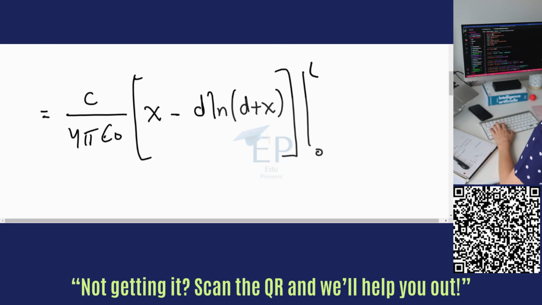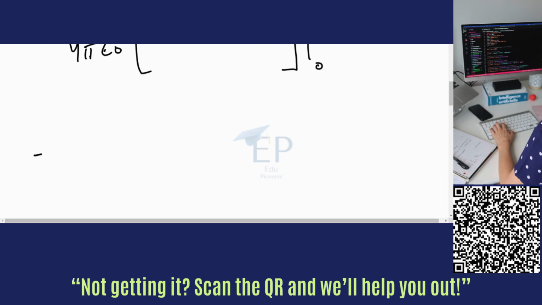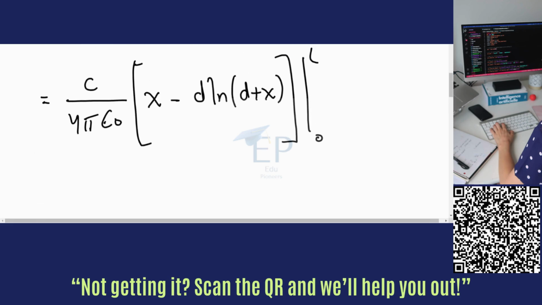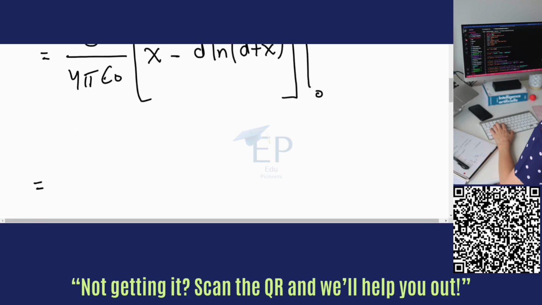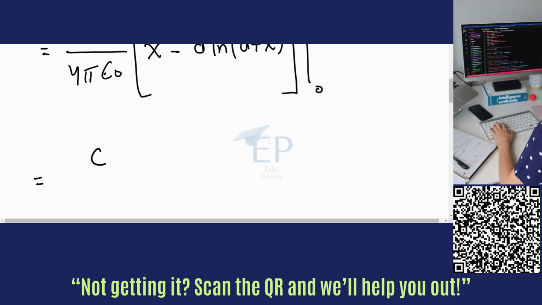So remember that we need to evaluate the function in the upper limit minus the function in the lower limit. In this case, that is 0.